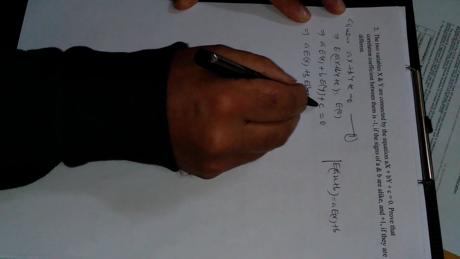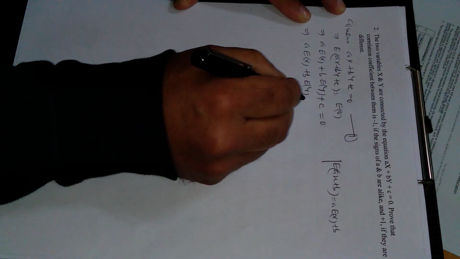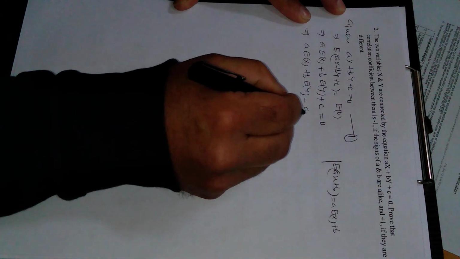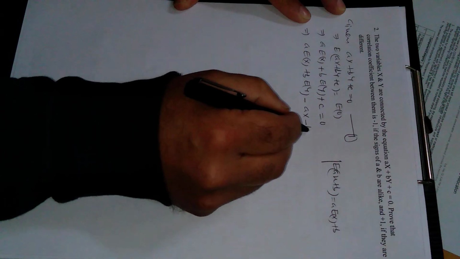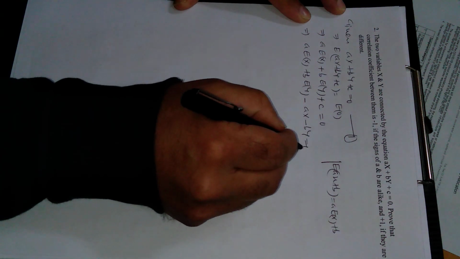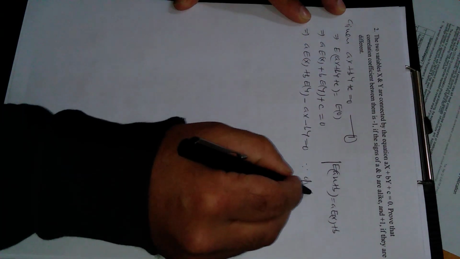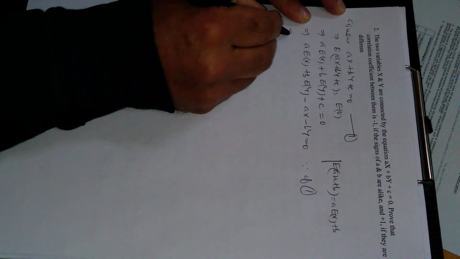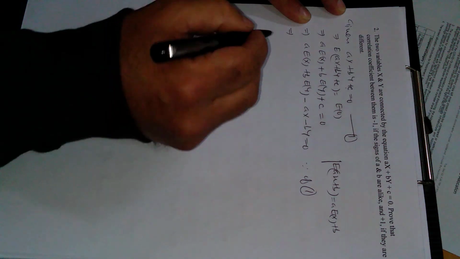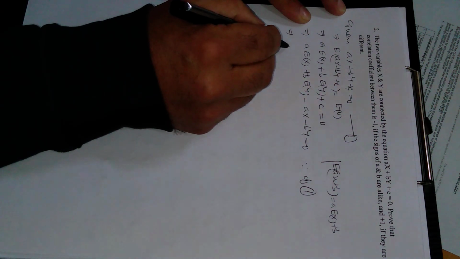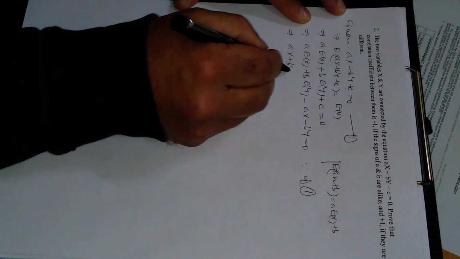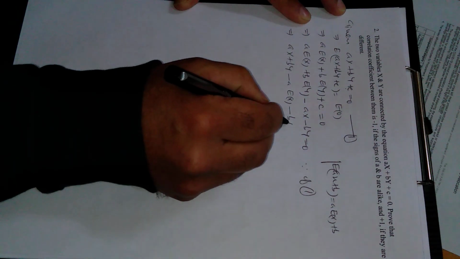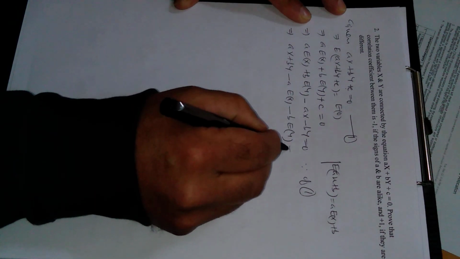This implies a E of x plus b E of y plus c is equal to 0. Substitute the value of c from here. The value of c from equation 1 is minus a E of x minus b E of y. By substituting the value of c, this further can be simplified by transferring all the terms to the right-hand side. So this will be ax plus by minus a E of x minus b E of y is equal to 0.